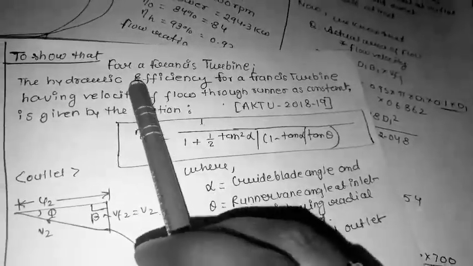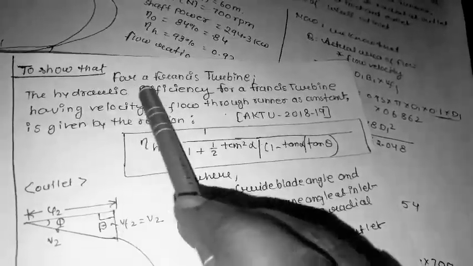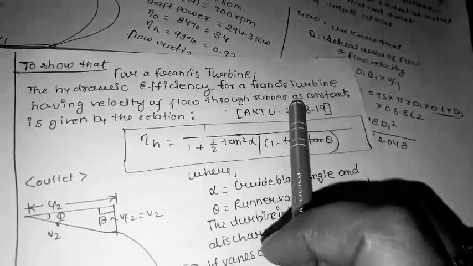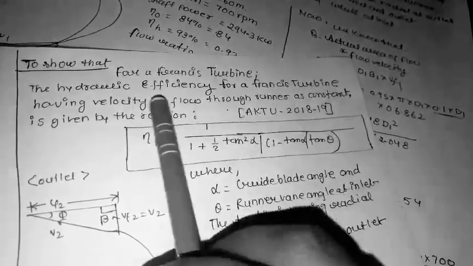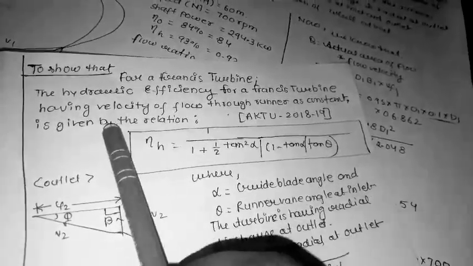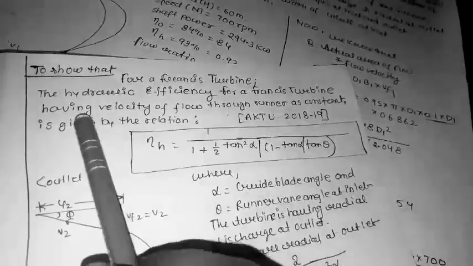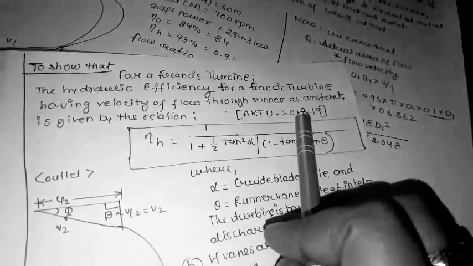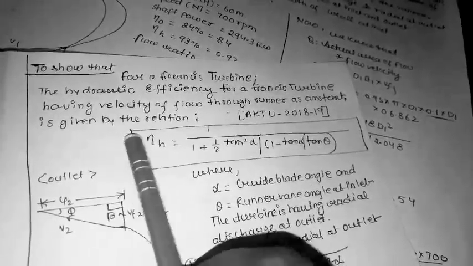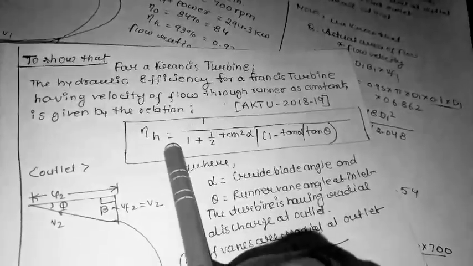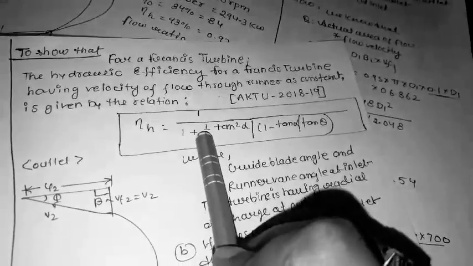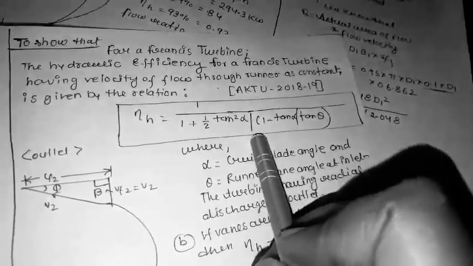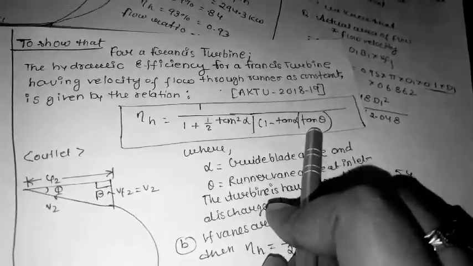Okay, now see, we have to show for a Francis turbine the hydraulic efficiency for a Francis turbine having a velocity of flow through runner as constant is given by the relation: hydraulic efficiency is equal to 1 by 1 plus 1 by 2 tan square alpha into 1 minus tan alpha upon tan theta.